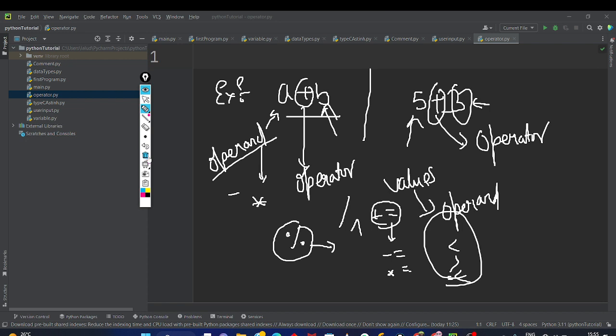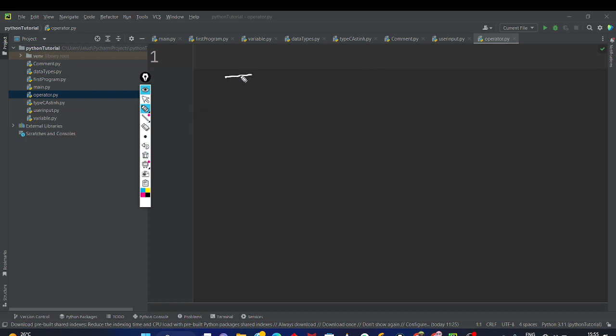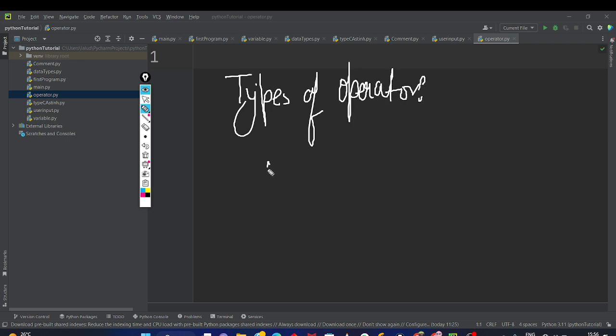And now it's time to talk about the types of operators. The first one is the arithmetic operator.